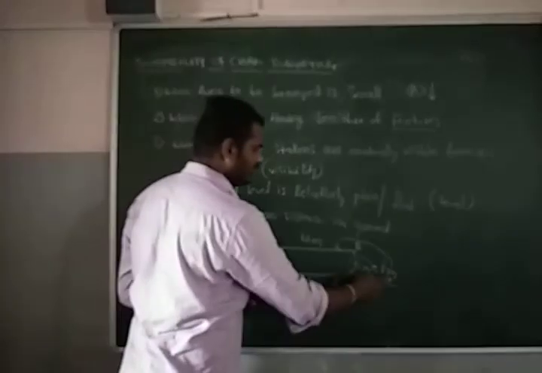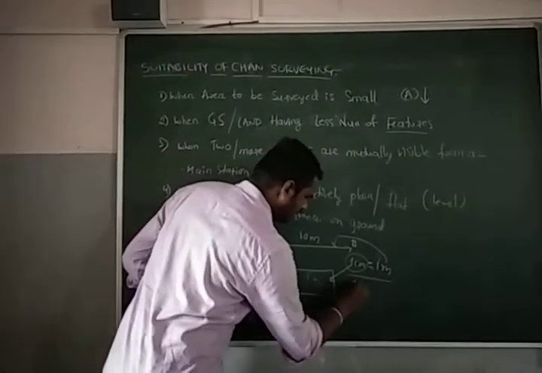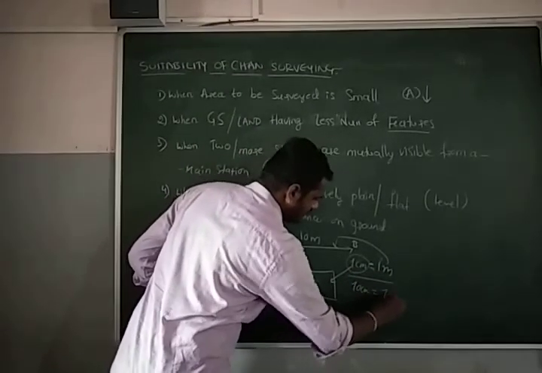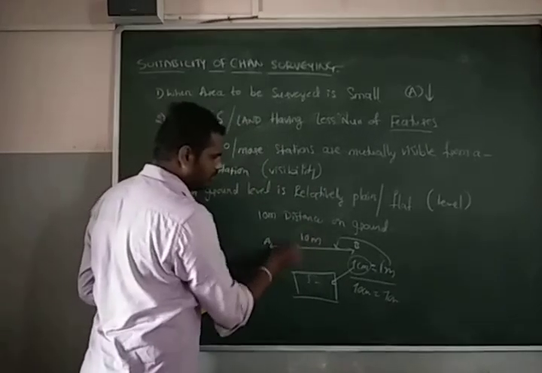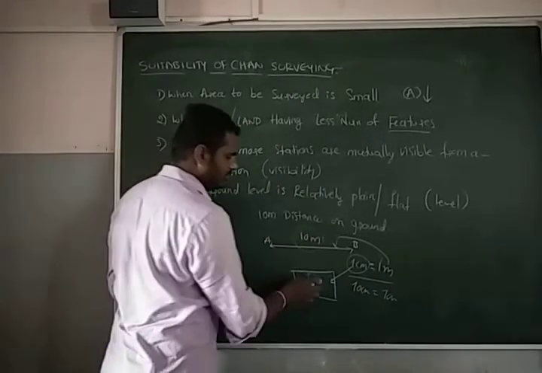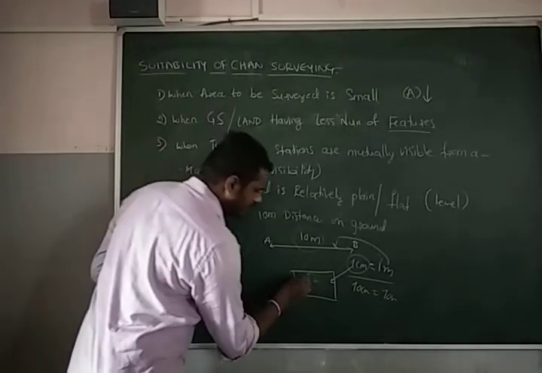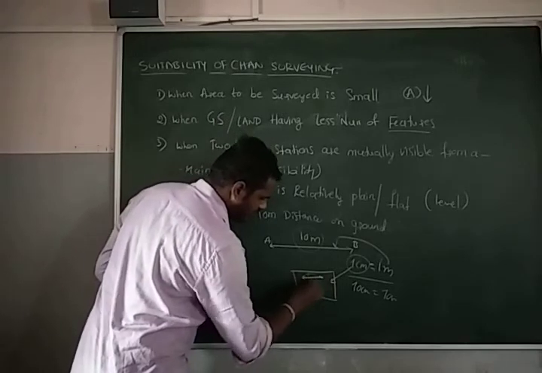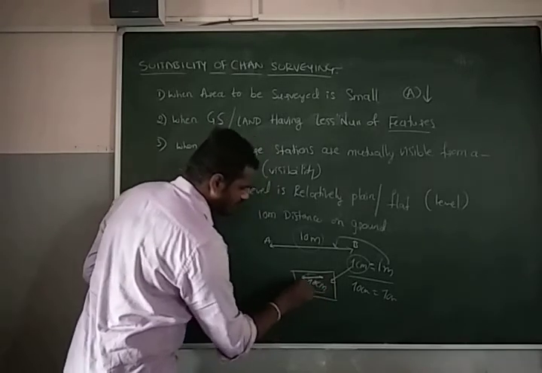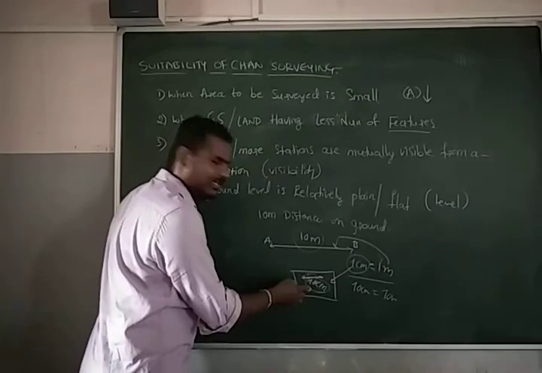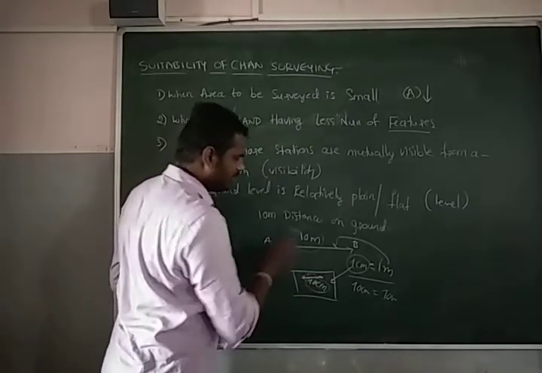Then 10 centimeter becomes 10 meter. Therefore, to represent this 10 meter on the sheet, you can draw a 10 centimeter line. This 10 centimeter line represents 10 meter on the ground.